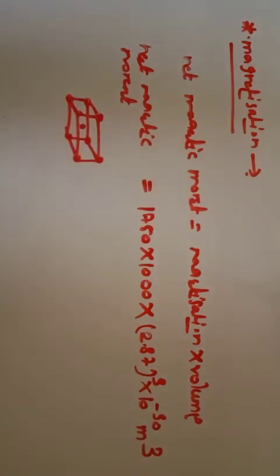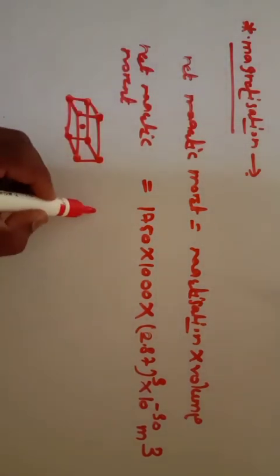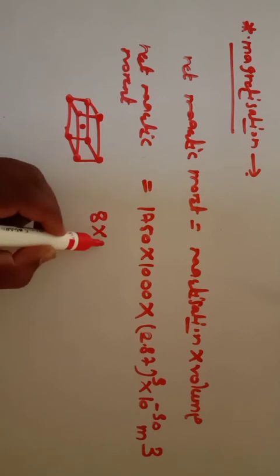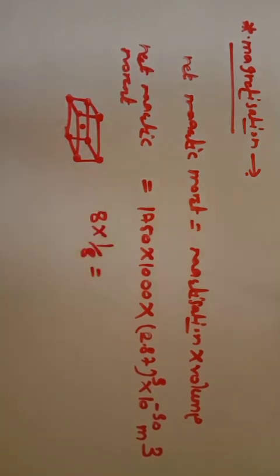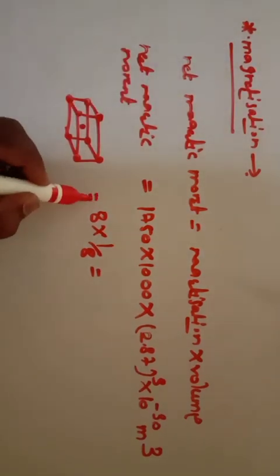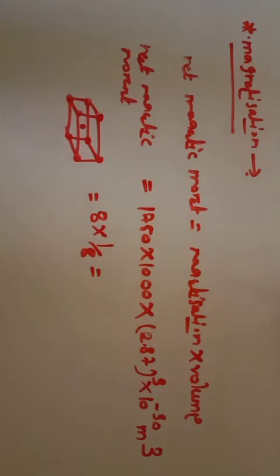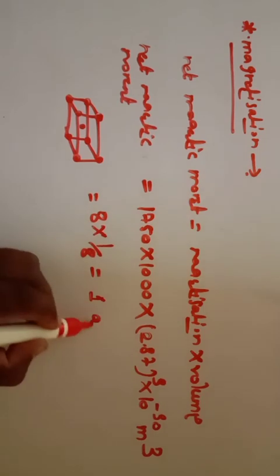If you find out the total number of atoms in BCC, then we know that a total of 8 corners are there, and each has a contribution of 1 by 8. So this is the formula for the number of atoms at corner. Total 8 corners, and the contribution is 1 by 8, so total 1 atom at corner.